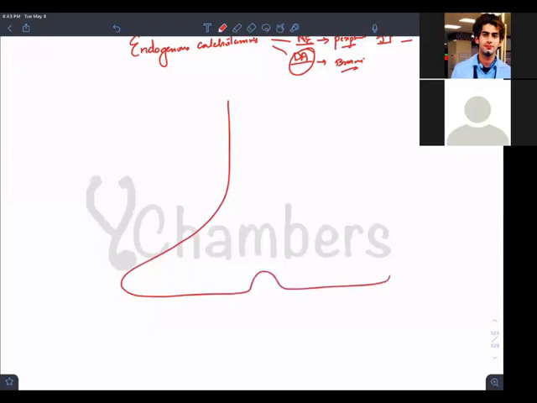This is your adrenergic neuron. Don't go into so much imagination.